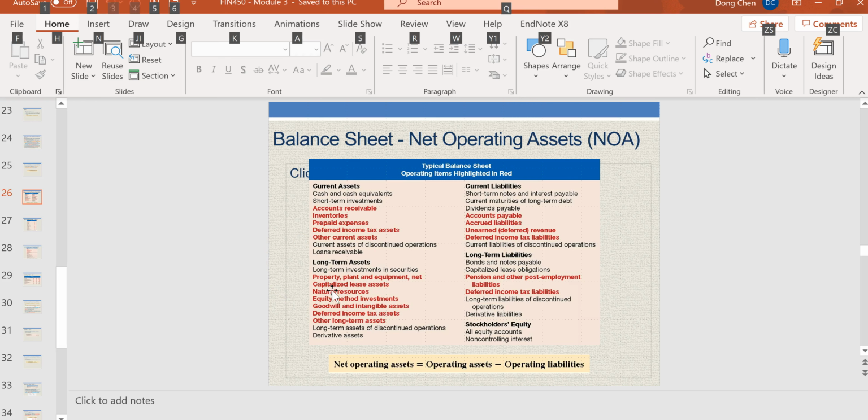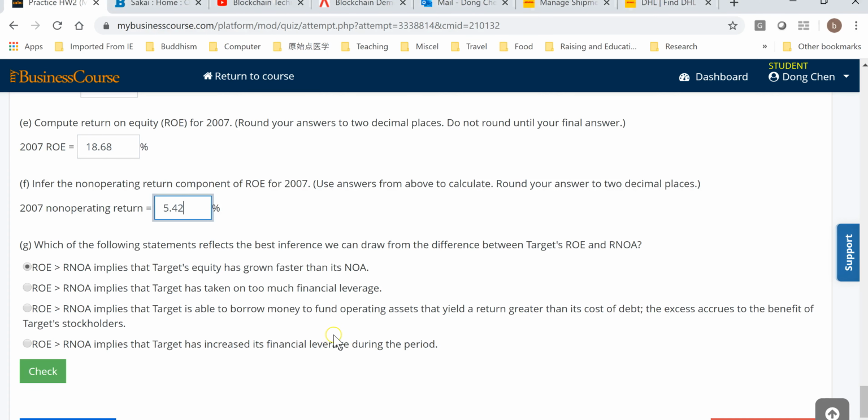So when its return is positive, because when the firm borrows, it needs to pay interest, right, on those debt. If the return on that borrowing is positive, that simply says that return is higher than the interest rate the firm has to pay. So we just look for the answer which tries to match that implication.